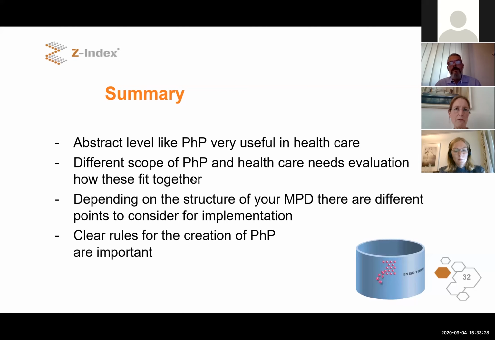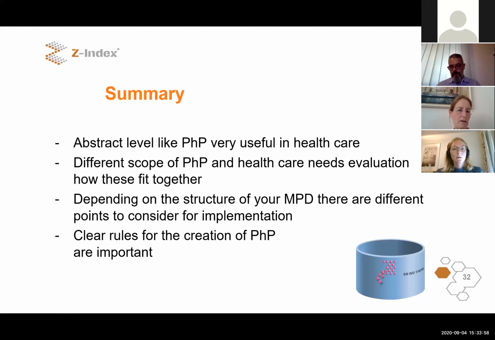But it should be figured out whether the different scope of the PHP for pharmacovigilance and for healthcare exactly fit together, or whether there are gaps to be bridged between those two. And it depends on the structure of your medicinal product dictionary what the points to consider are for the implementation of the PHP in your medicinal product dictionary.